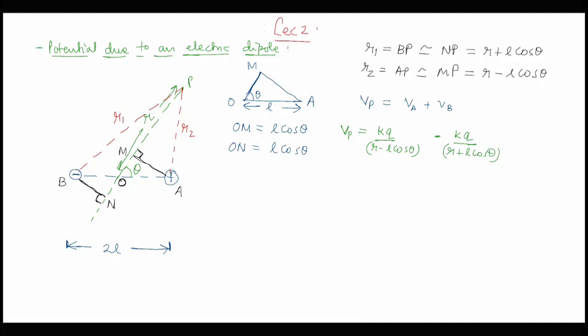So if we start evaluating this, we can say Vp is equal to KQ times (R plus L cos theta minus R plus L cos theta) upon R square minus L square cos square theta.